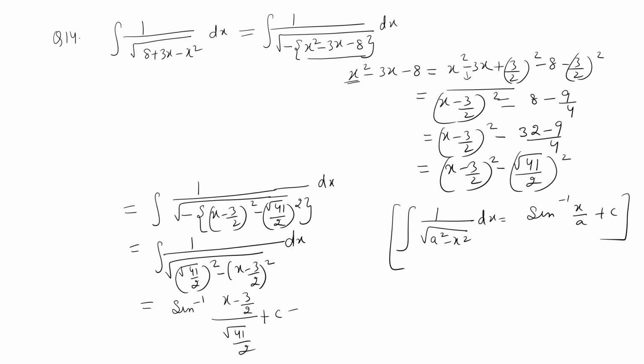Let us take the LCM. It is (2x minus 3) by 2, that will be cancelled with this 2 in the denominator. And it is root 41 plus c, which is the required answer.